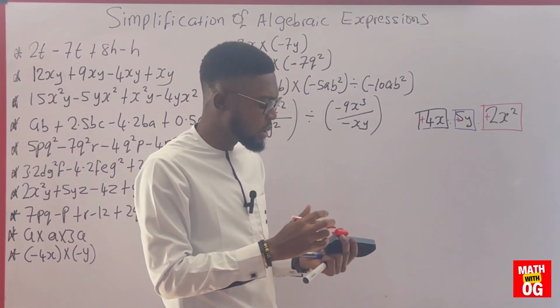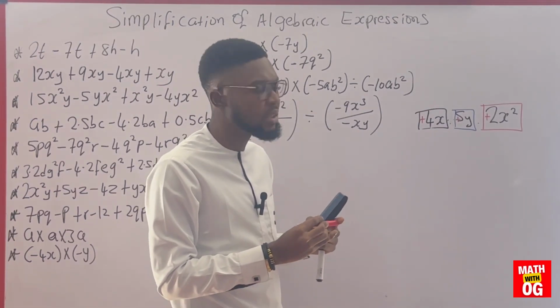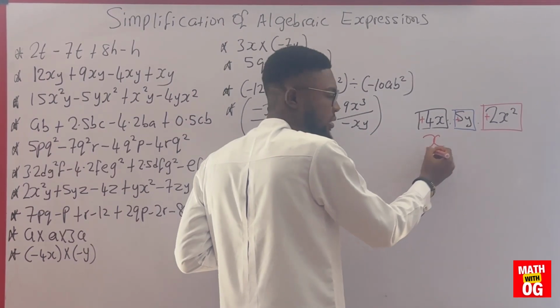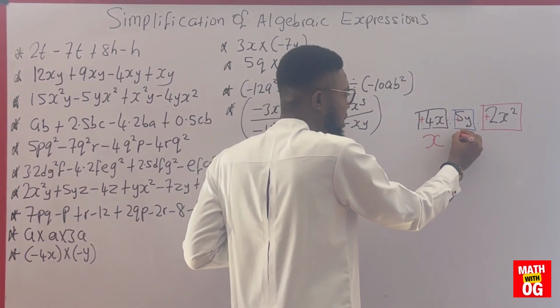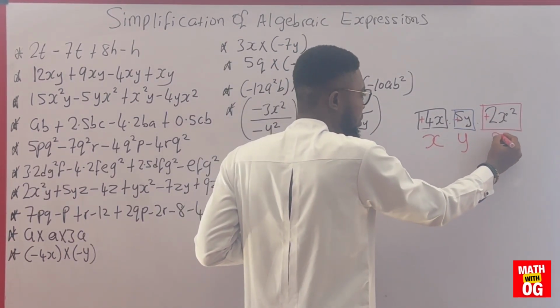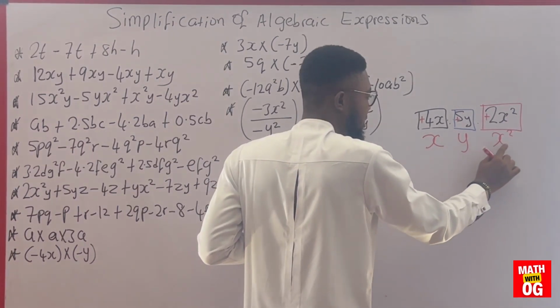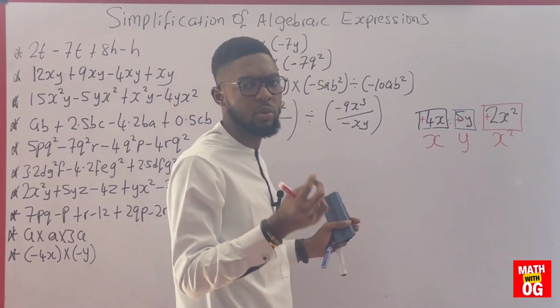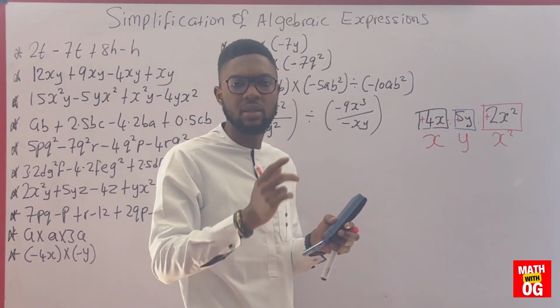Now, these guys have different unknowns in the sense that the unknown here is simply x, the unknown here is y, and the unknown here is x squared. Though you can say this is x and x, you can see that the powers are different. So I said it must have exactly the same variable with the same power.